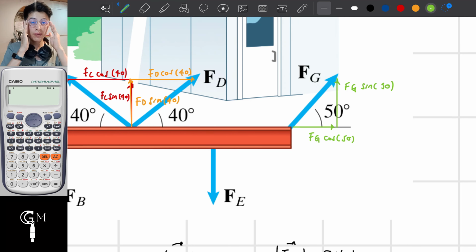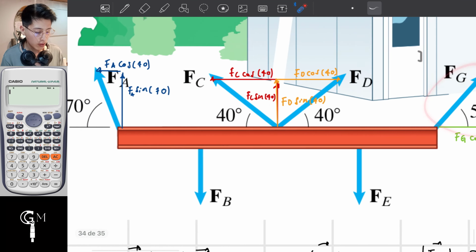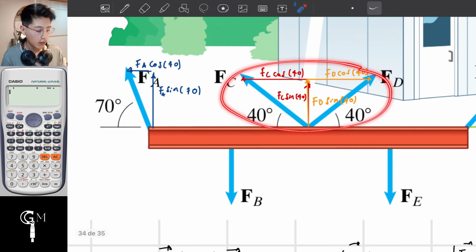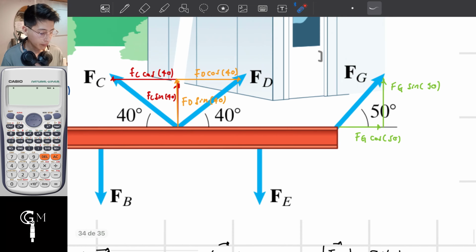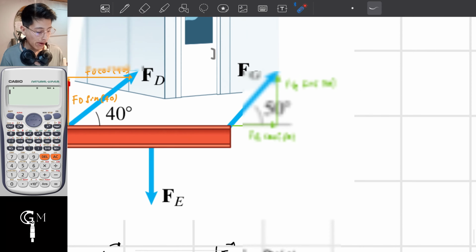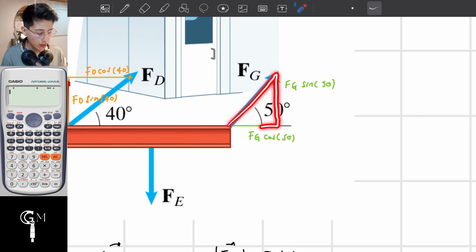I'm going to explain in which case I used either cosine or sine. And I'm going to do it just with Fg because the same thing goes for all the other 3 vectors. Now, remember that this is a right triangle, and right here we have this 50 degrees angle.